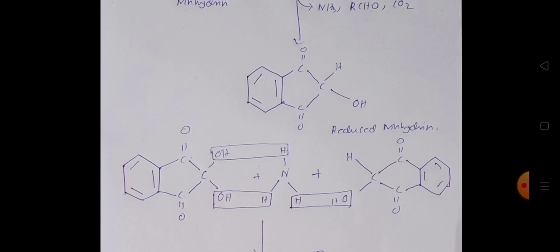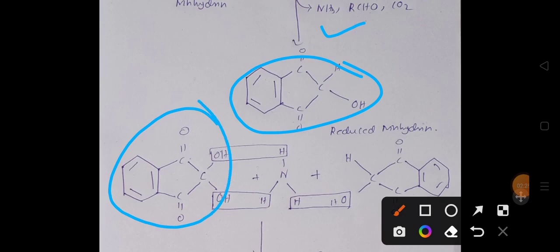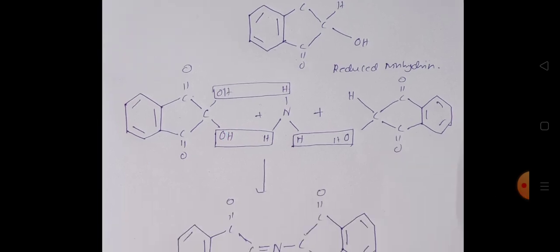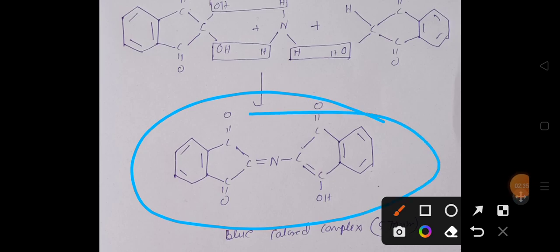Now, this reduced Ninhydrin along with ammonia and another Ninhydrin in its oxidized form will react together. As a result it will give you a blue colored complex, that is Ruhemann's purple, which has a characteristic absorption at 570 nanometer.